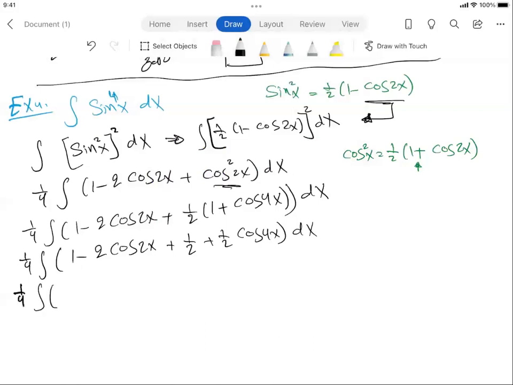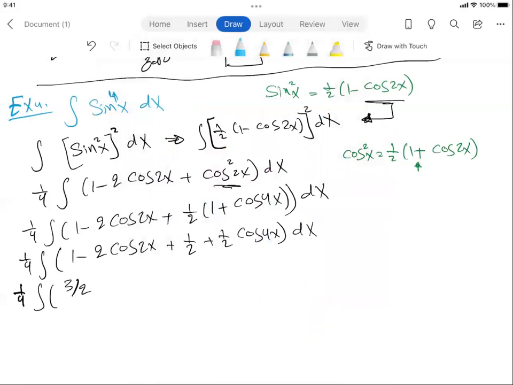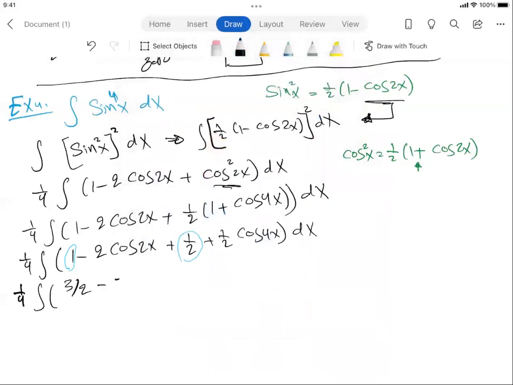Let's go step by step. 1 plus 1/2 is 3/2. So all I did was combine these two terms. Minus 2 cosine of 2x plus 1/2 cosine of 4x dx. So it's 1/4 times 3/2 x simply, minus 2 cosine 2x.